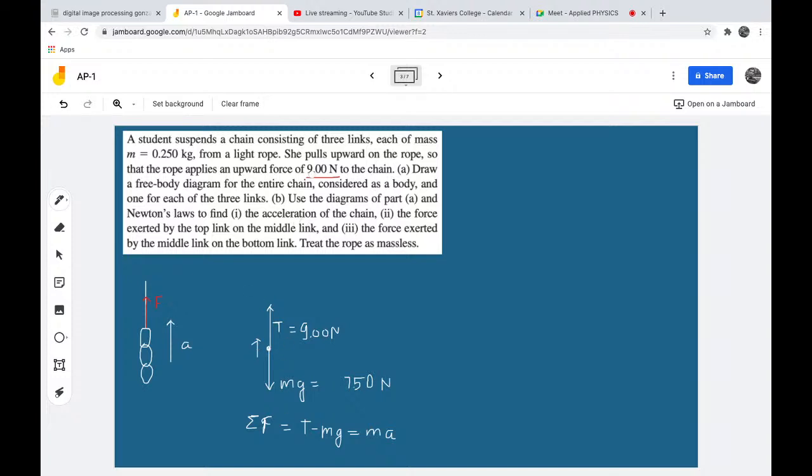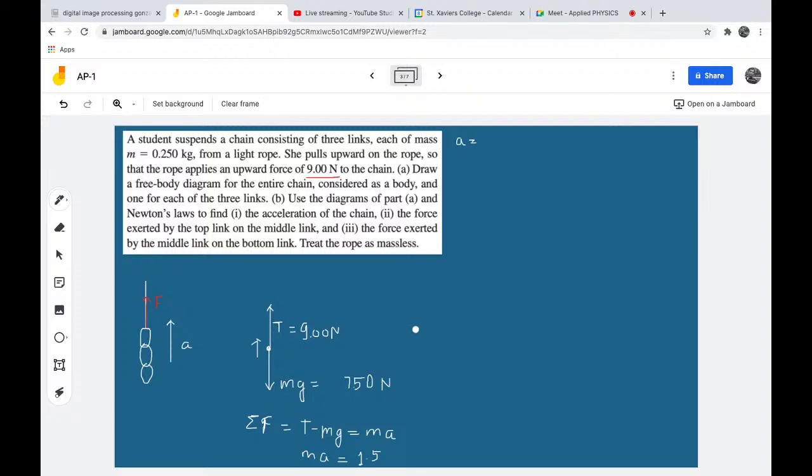So now we are in a position 9 minus 7.5. So T is 9, mg is 7.5. 9 minus 7.5 will give my ma. So the ma is equal to 1.5. Now that gives me the value of a. So the acceleration is 1.5 divided by m.